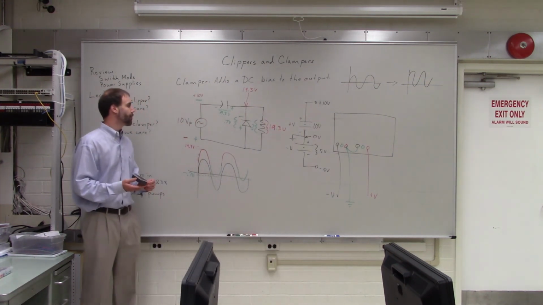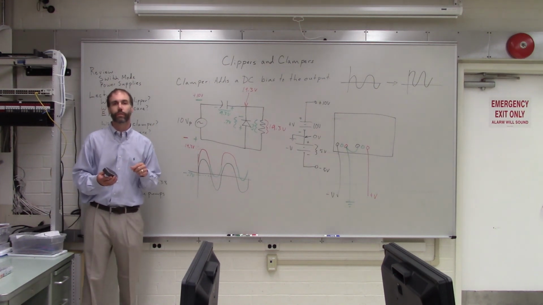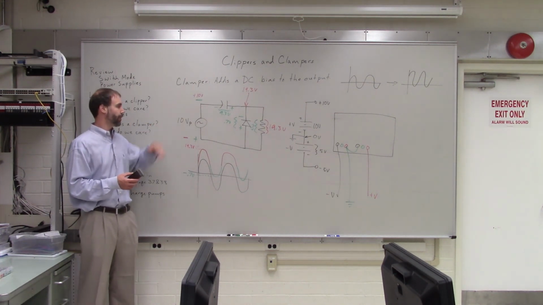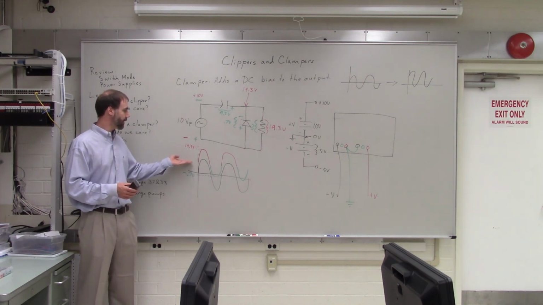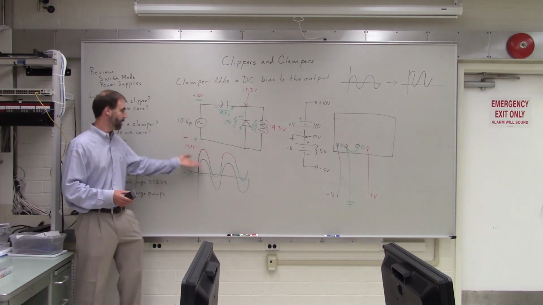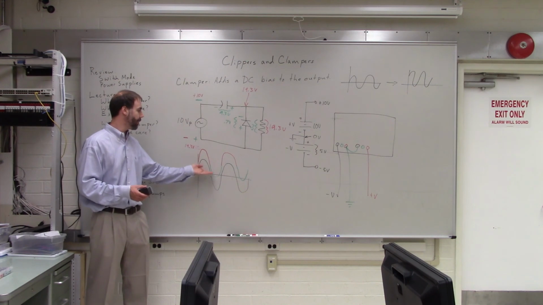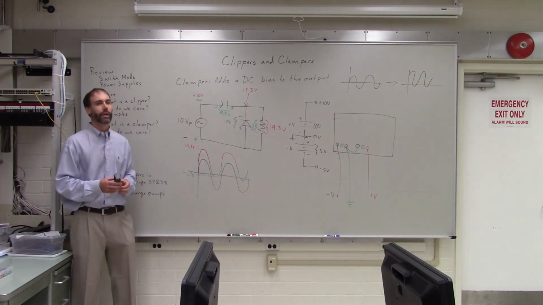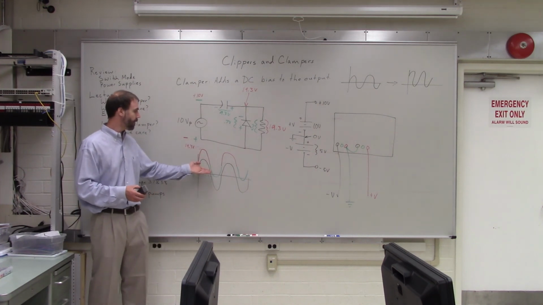AC coupling shows you just the wiggly part of the signal, right? The part that changes. So if you wanted to see a signal like this, and you wanted to see how much it was offset, would you want to put the oscilloscope in AC coupling or DC coupling? DC, exactly. If you put it in AC coupling, it gets rid of that offset for you.